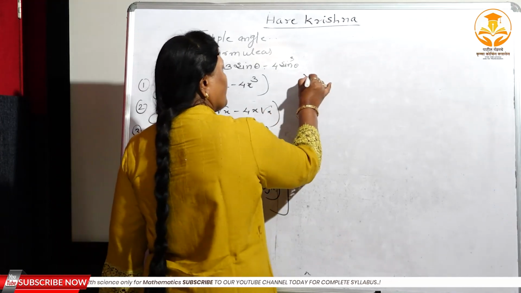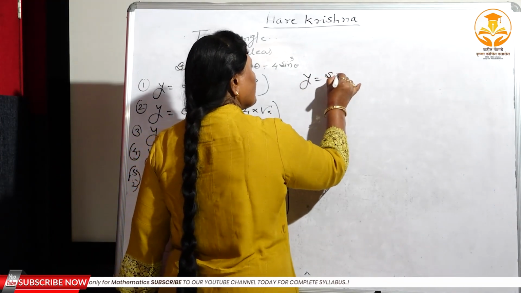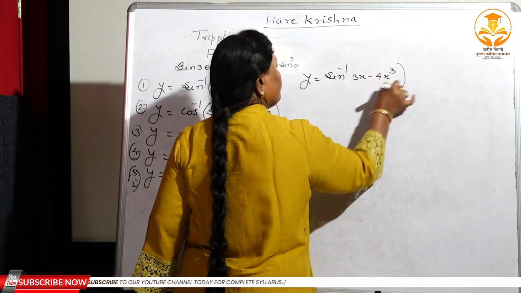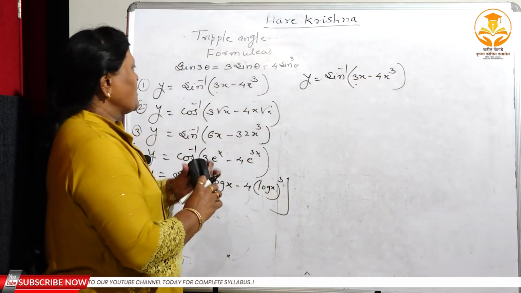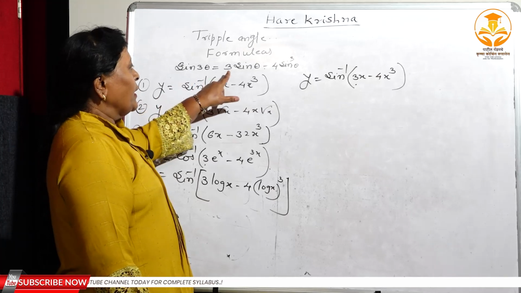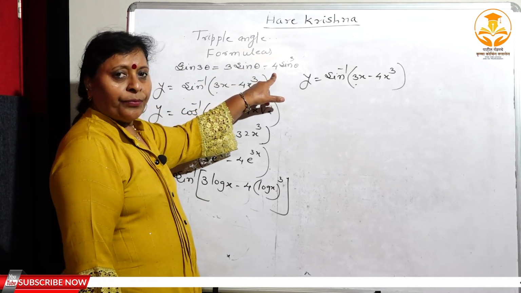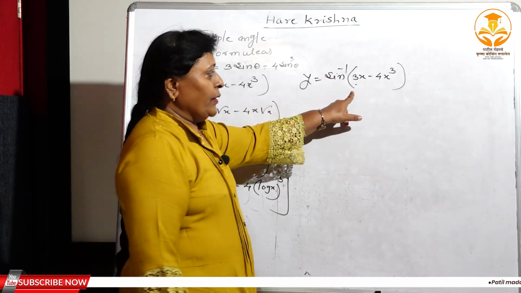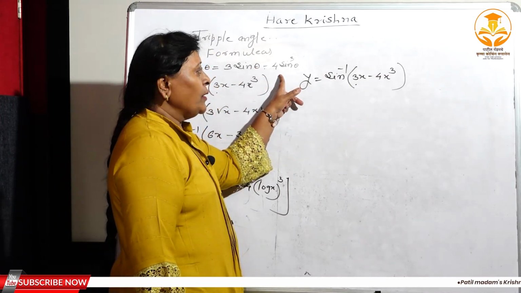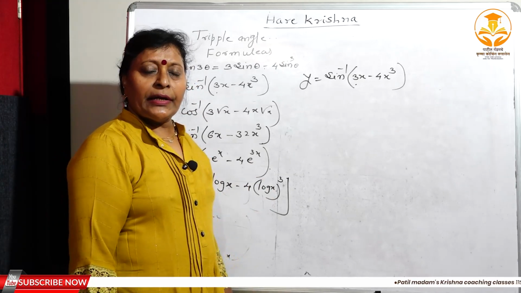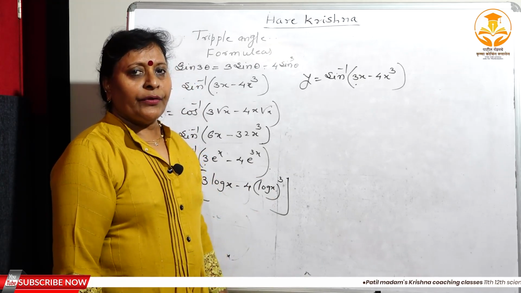So the first one, that is again y is equal to sine inverse of 3x minus 4x cube. See, if you see this formula, sin 3 theta is equal to 3 sin theta minus 4 sin cube theta, right? Means in the bracket we want this formula so that sin inverse sin gets cancelled, and whatever remains, you can find the derivative.